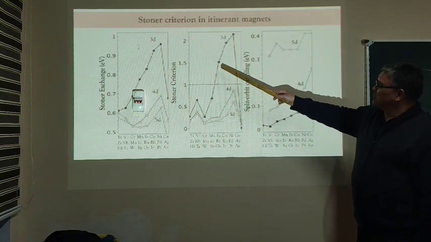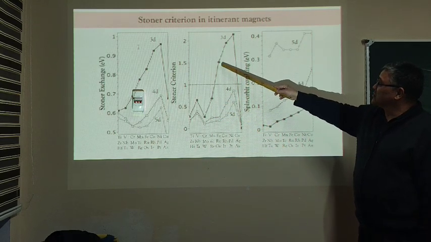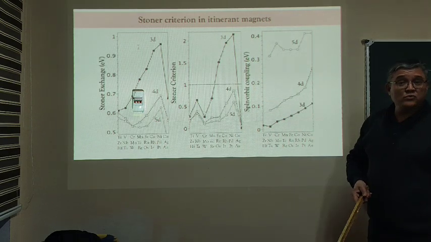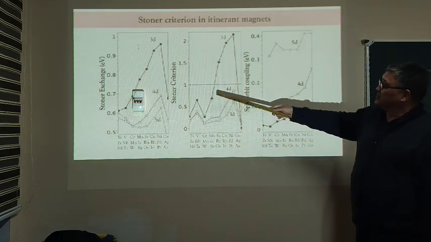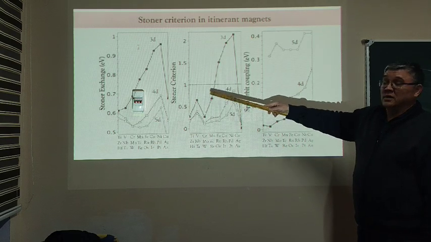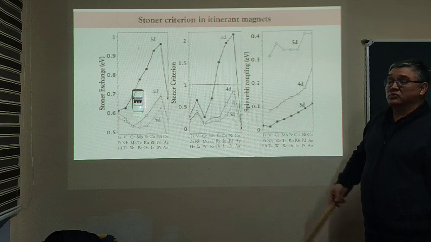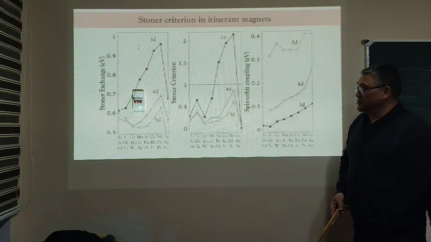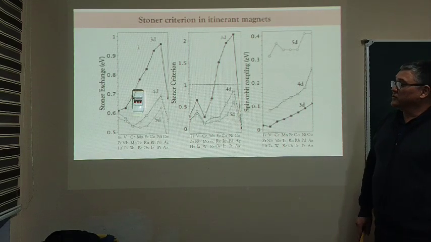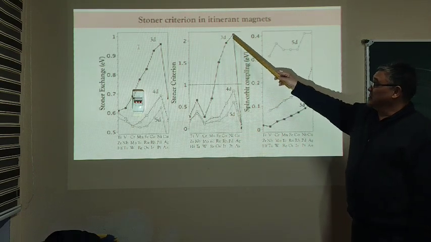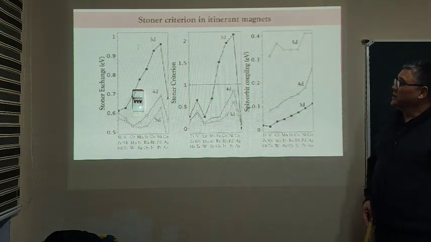For 3D elements, we have only 1, 2, 3. This corresponds to iron, and then cobalt and nickel. These 3 elements show values of the Stoner criterion larger than 1, and they show better values of this delta E. So smaller values of delta E favor this itinerant magnetism.